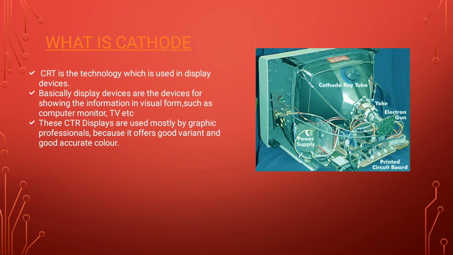Basically, it just displays. It is a display device, a device for showing information in visual form, such as the computer monitor, or even the desktop, and also the TV.